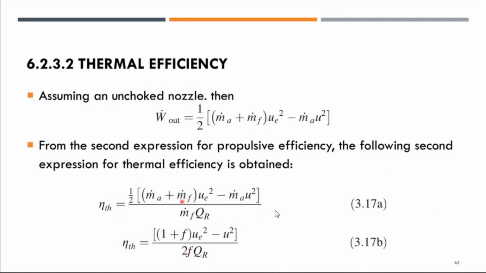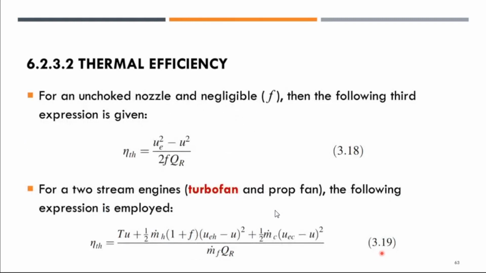Assuming an unchoked nozzle, we do not have the component of the pressure times the area. The W dot out is equal to this expression, and from the second expression for the propulsive efficiency, the following second expression for thermal efficiency can be obtained in equation 3.17a and 3.17b. So for an unchoked nozzle and negligible fuel air ratio, the following third expression can be given.